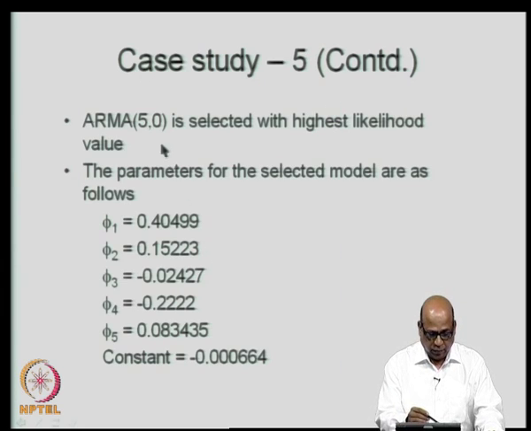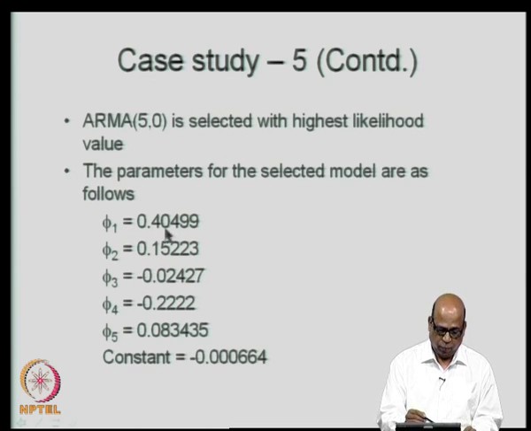Now, to summarize, the ARMA 50 model has phi 1 equal to 0.40499 and so on up to phi 5, and then the constant turns out to be minus 0.30664.